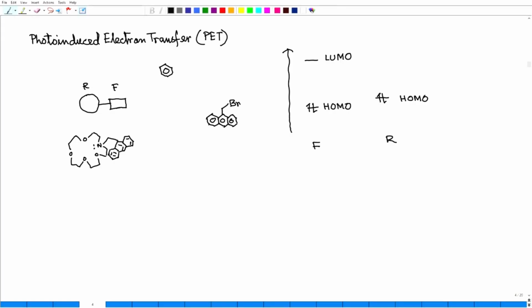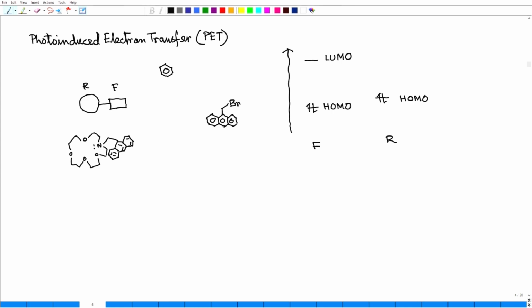All right. Now I excite my fluorophore. Since it is anthracene, I excite it at a particular wavelength. I am not telling any wavelength or numbers, they have no meaning now, but I will tell eventually.